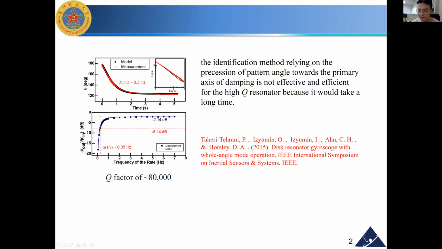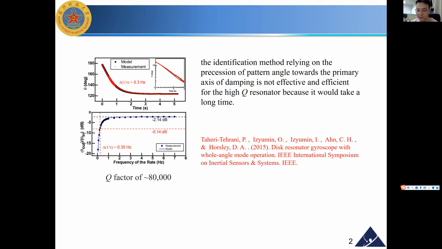Similarly, the anisodamping compensation by the self-precession method is also impractical because the suppression rate is relatively small for the high Q factor resonator.